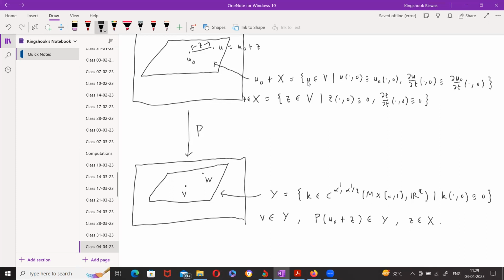And then what we got is that the derivative. So this is the part which I didn't do. So you look at the map script P of Z, which is P of U0 plus Z minus P of U0.